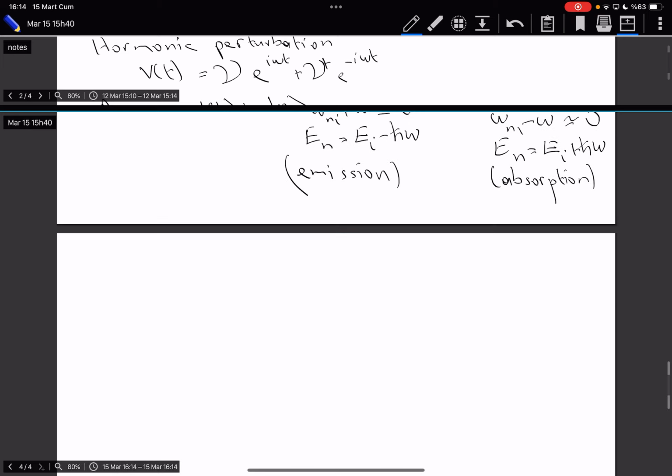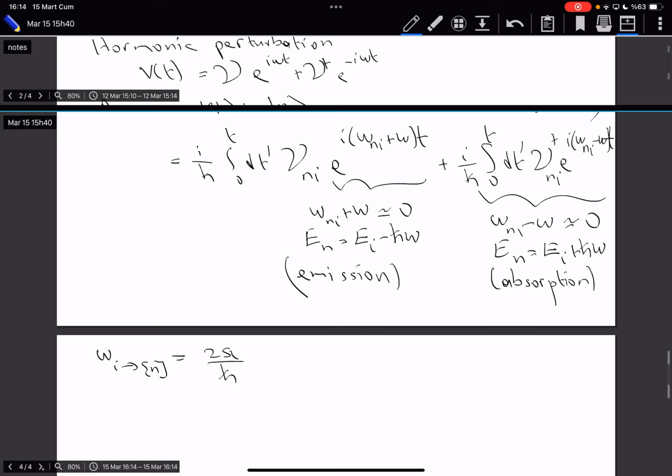We can write right away the transition rates from the initial state to the final state with energies close to En. It's just 2 pi over h bar, in the case of emission, we should have the |V_ni|^2. In the case of absorption, we should have |(V dagger)_ni|^2.